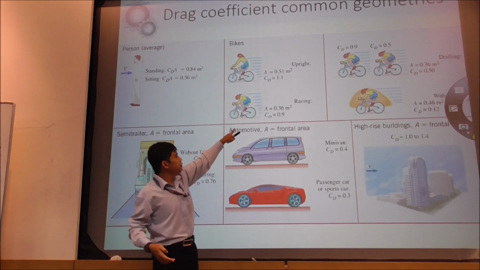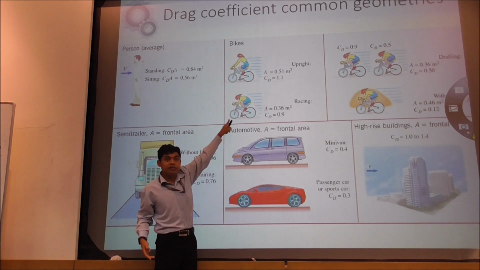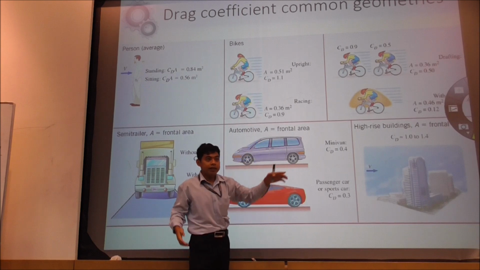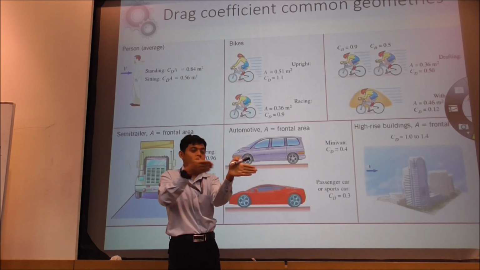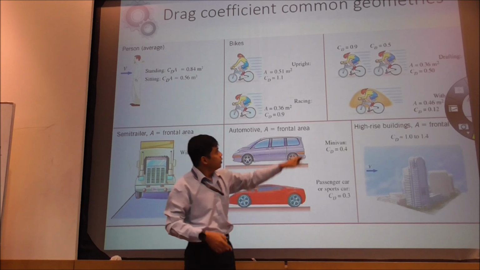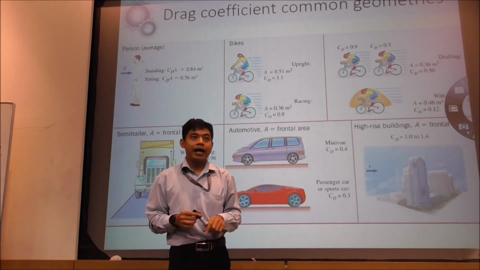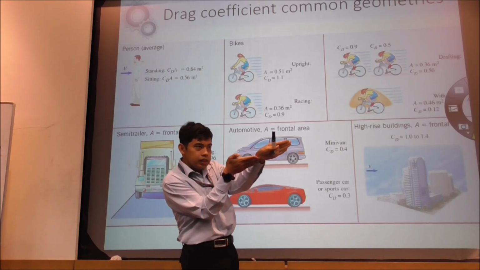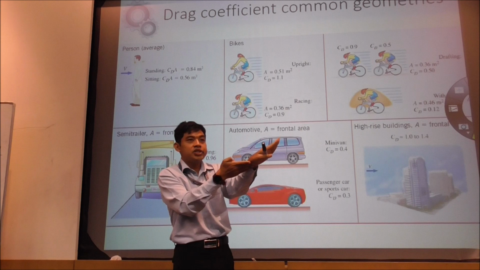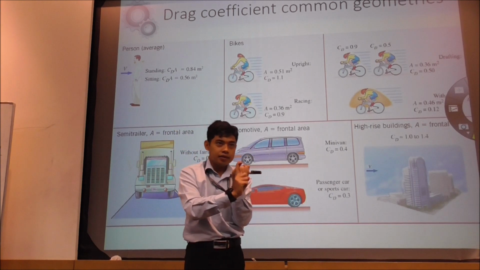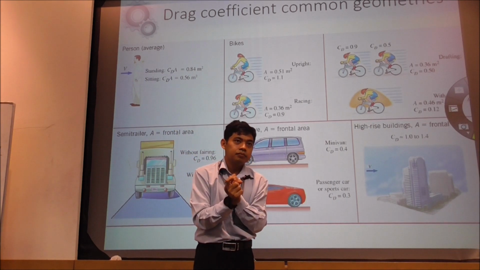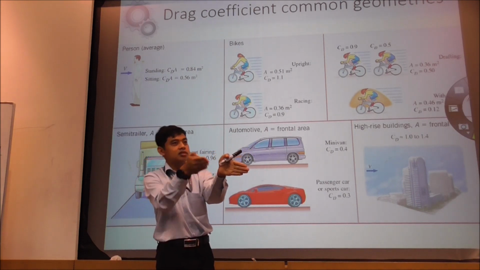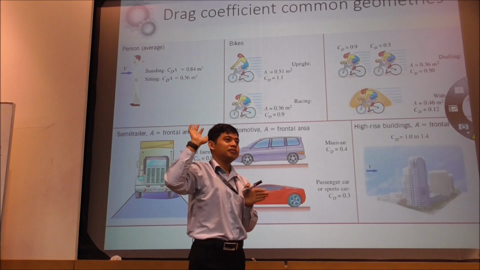You see, if you ride alone, your CD is 0.9. But if you hide behind the leader, the CD is 0.5. So if you are a smart rider, you just follow them closely, right? So you will manage your tire better, you will manage your fuel better, because you have a lower drag coefficient. In the last lap, you just overtake, then ciao.